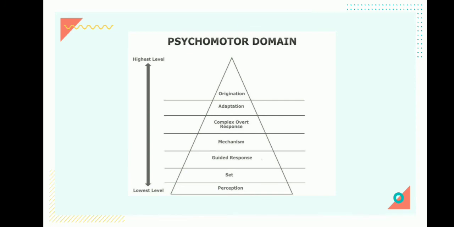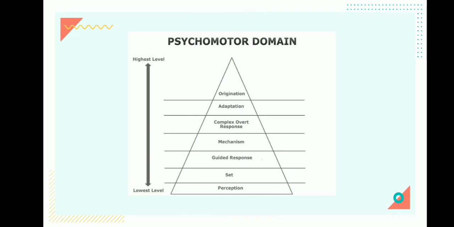Psychomotor domain. For the first we have perception. Perception is the ability to apply sensory information to motor activity. For example, a cook adjusts the heat of the stove to achieve the right temperature of the dish.